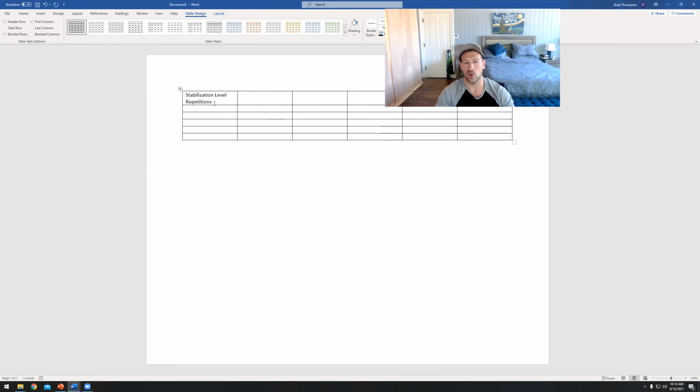So on the other side of the card, it would just say stabilization level reps. And then you flip the card over and there it is, 12 to 20, right? And then you go, actually, that shouldn't say stabilization level. That should say stabilization phase. That's going to be between 8 and 12.